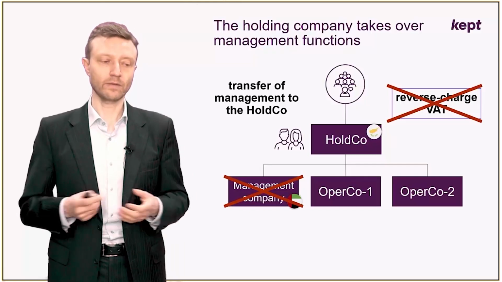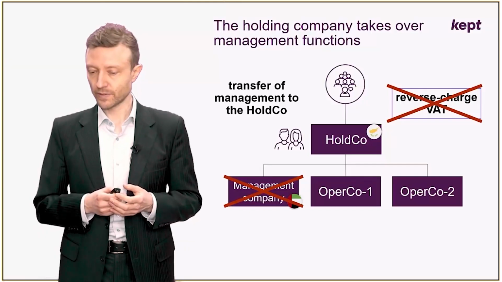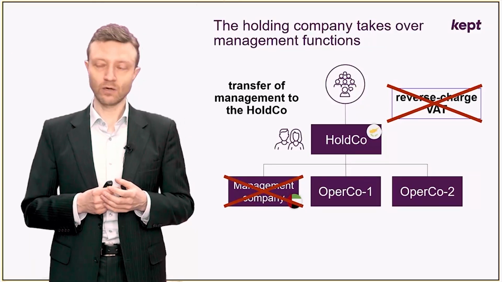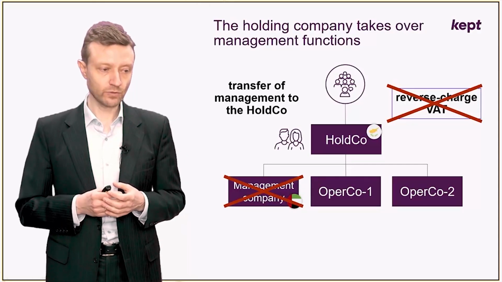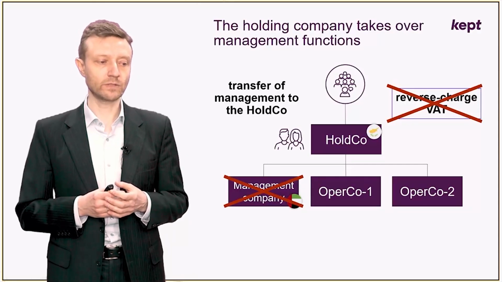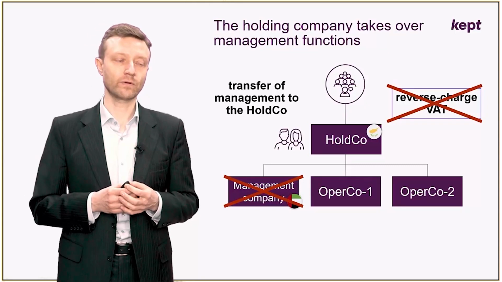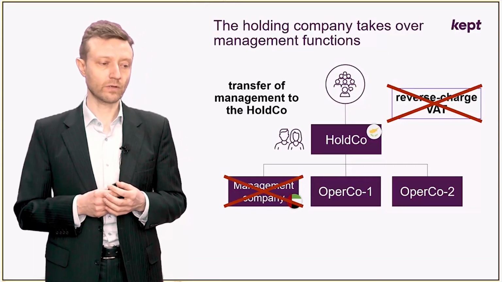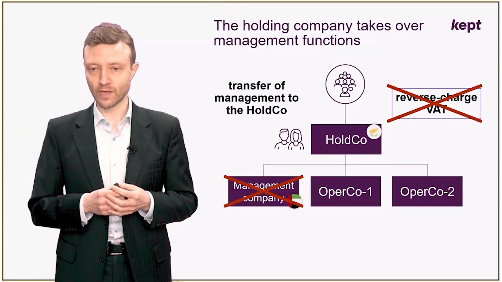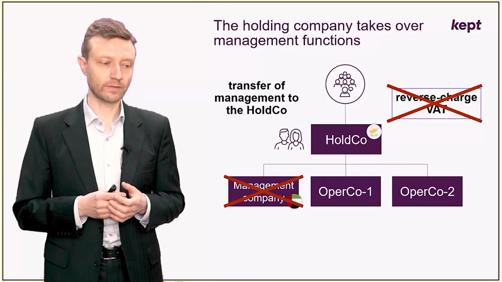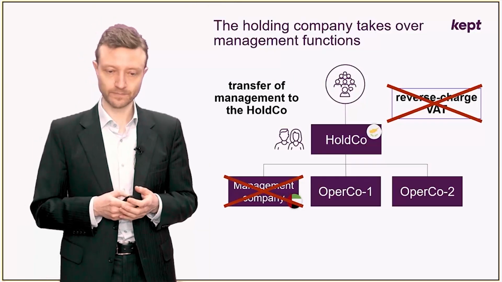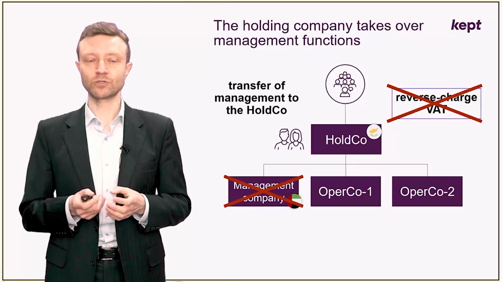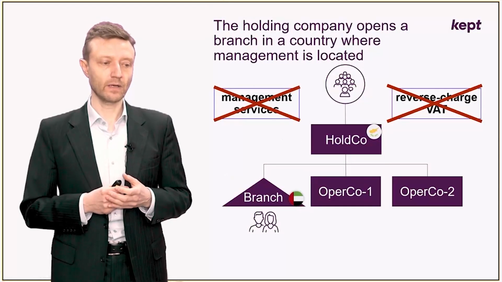In which case, we get rid of the VAT inefficiency. Although it's not always possible to move the group's management from one country to another. There may be personal preferences and business needs in different countries, but at least this solution can be considered.